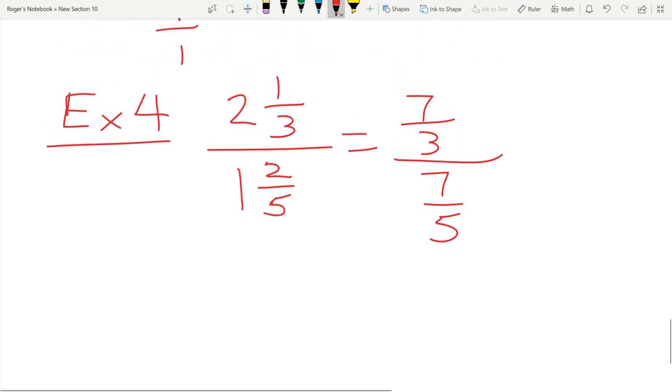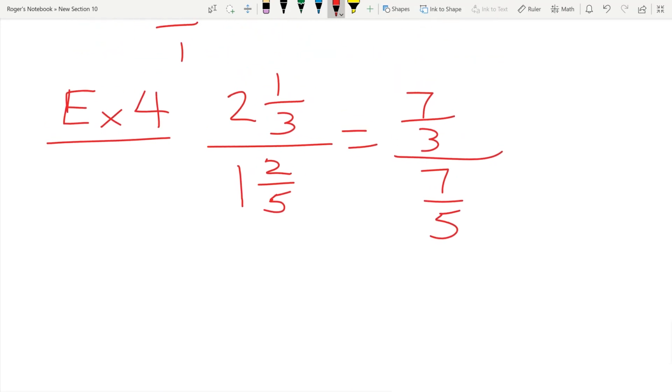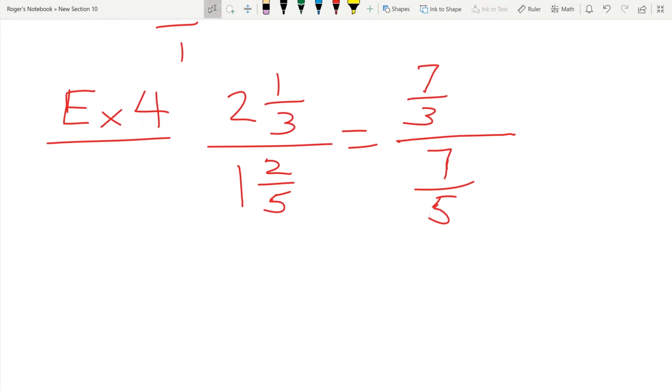And again, you know what we do. We invert and we multiply. So this is equal to, I really made a mess out of this thing. Let me clean it up a bit. So this is 7/3 times 5/7. So you invert the denominator and you multiply.